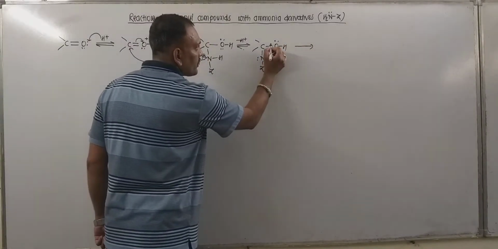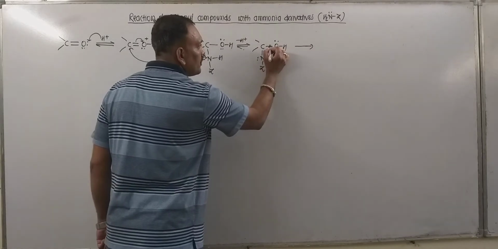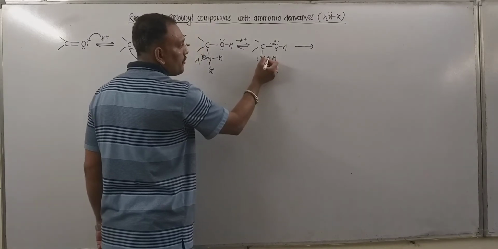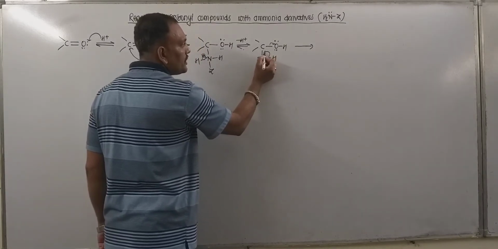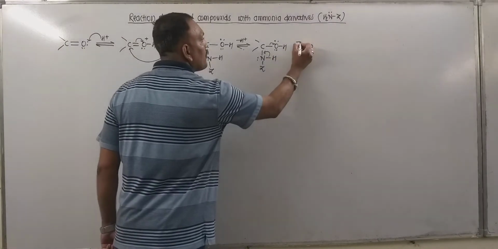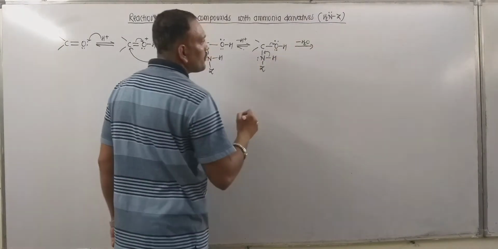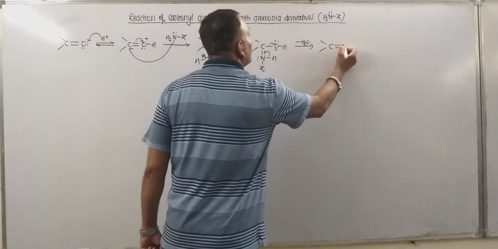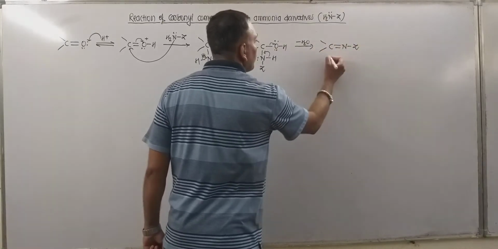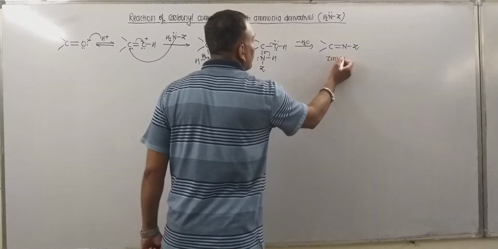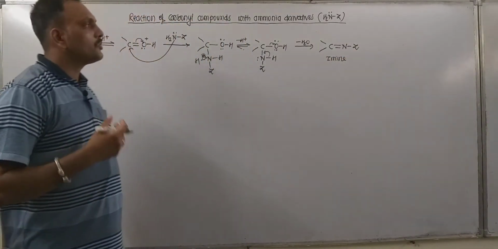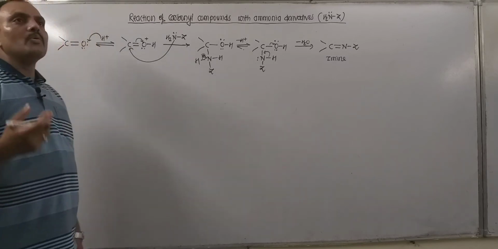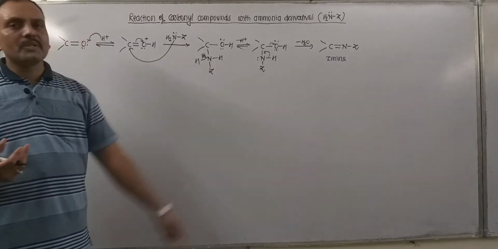Look, oxygen keeps this pair with itself, and the electron pair of the NH bond is attracted by nitrogen and shared like this, and thereby departure of water takes place. On departure of water, a newly formed product, which can be given as, is nothing but the imine product. So carbonyl compounds react with the ammonia derivatives in this manner, producing the imine product.